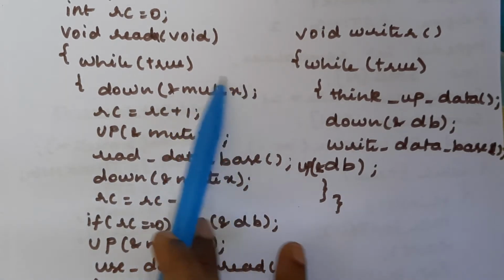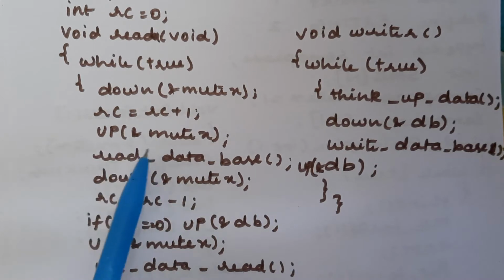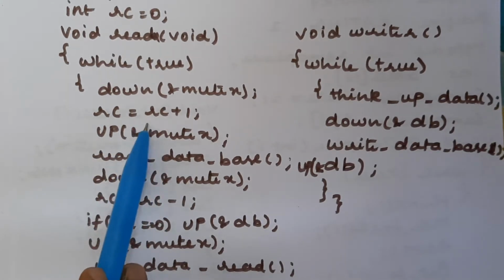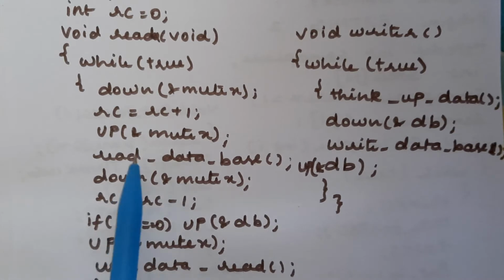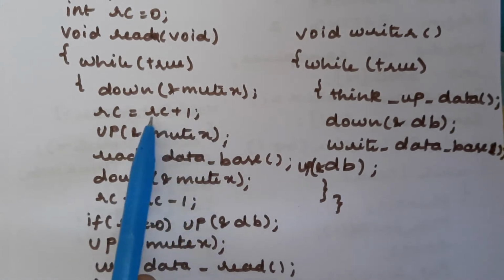So why are we performing the down operation on this mutex variable? In order to get access to read count. We have incremented it, and next, up of mutex: we have released the read count variable, which means the process performing the read operation releases it.